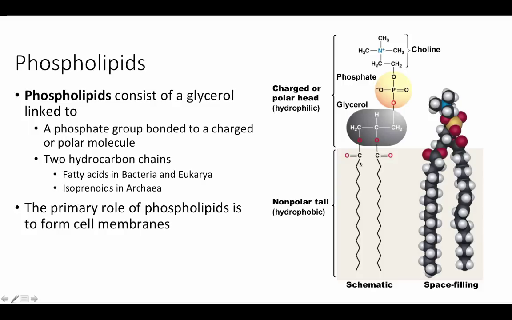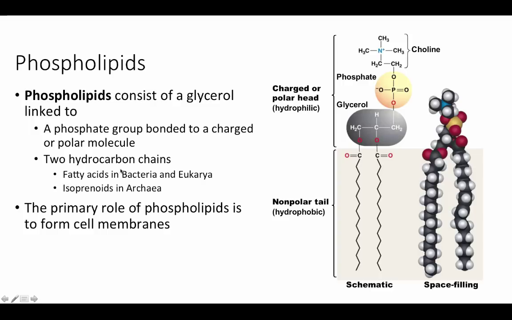And then we have these 2 fatty acids that are attached just the way they would be in a fat molecule. And this area is completely nonpolar. Remember, these are just hydrocarbons down here. So we've got a charged or polar head, which is hydrophilic, and a nonpolar tail, which is hydrophobic.